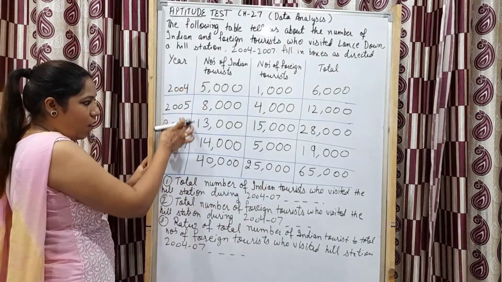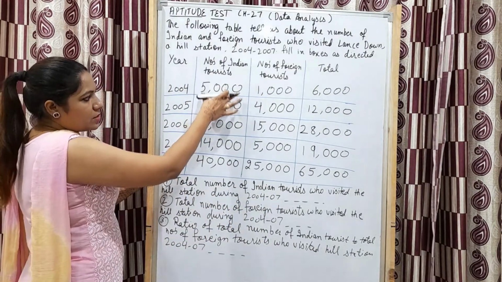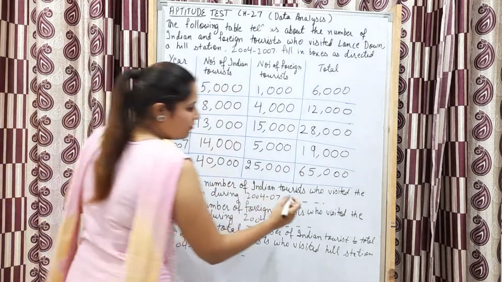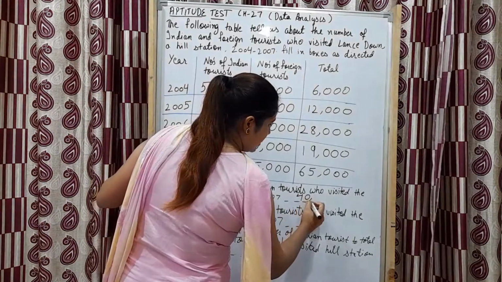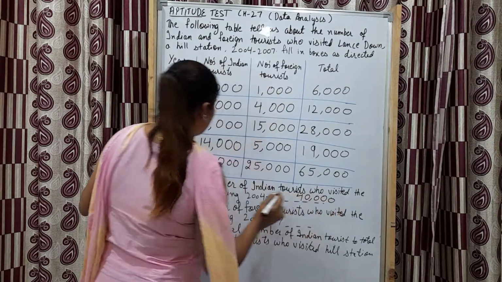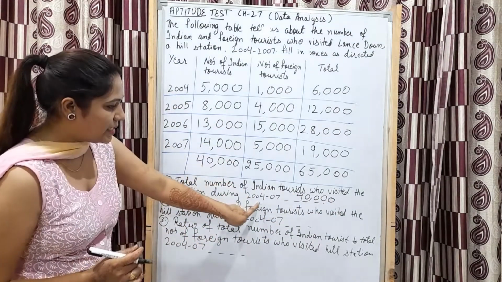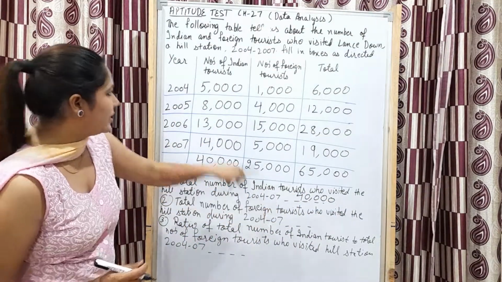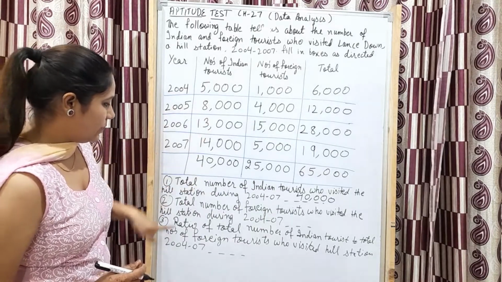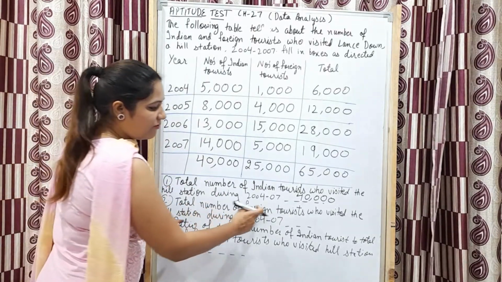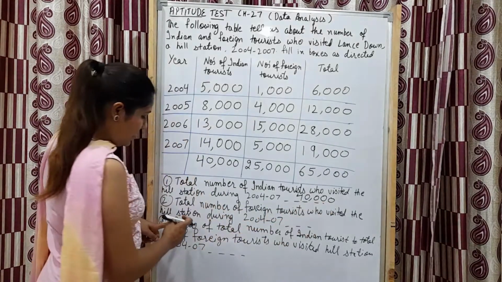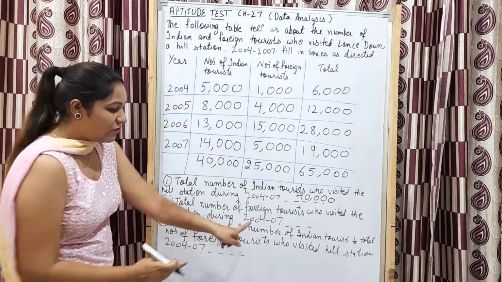It means all, that is 40,000. So the answer here is 40,000. Why 40,000? Because they are saying during 2004 and 7. It means add them.